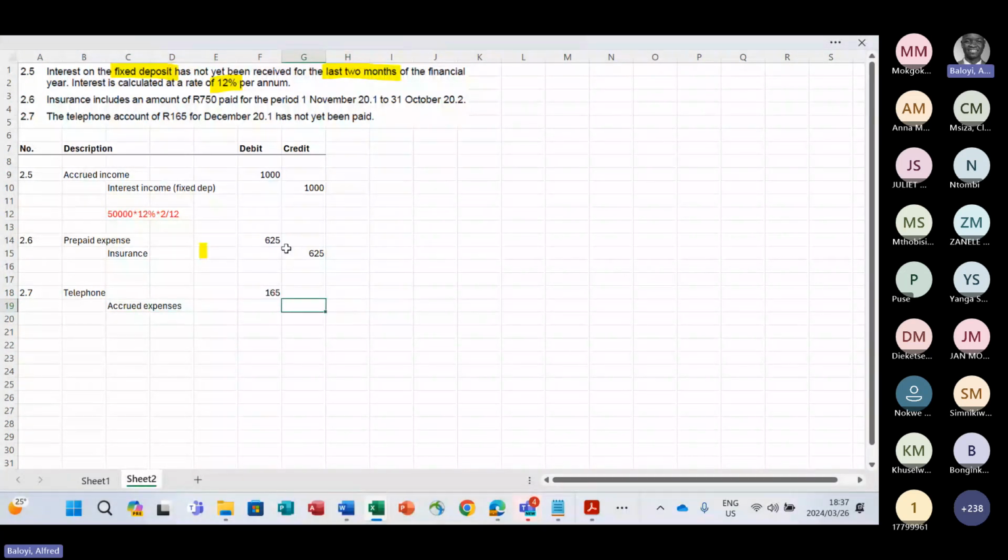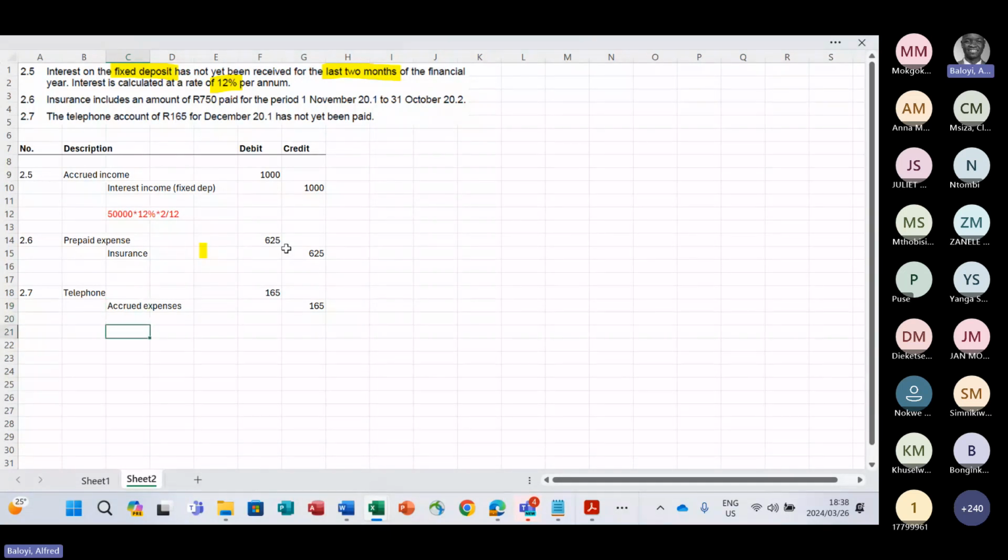Accrued expenses is a credit amount. You will see it's similar to a short-term liability. It's an amount that we still have to pay, and it's that we've incurred the telephone expense for that period. So it will be credited as a short-term liability.